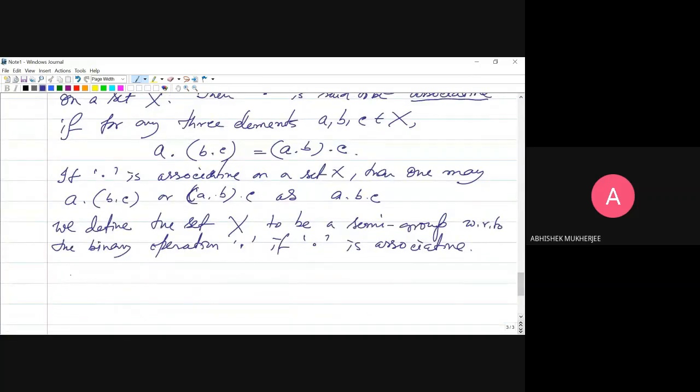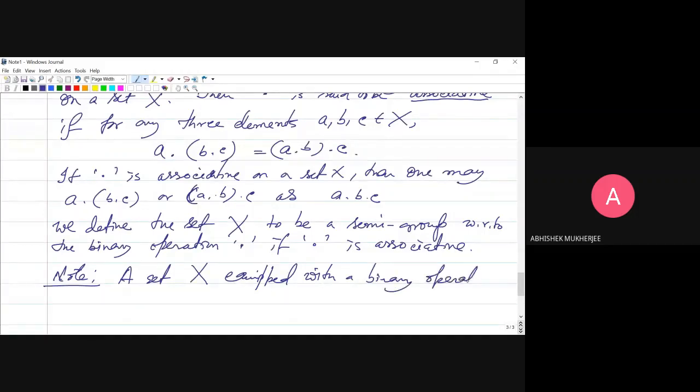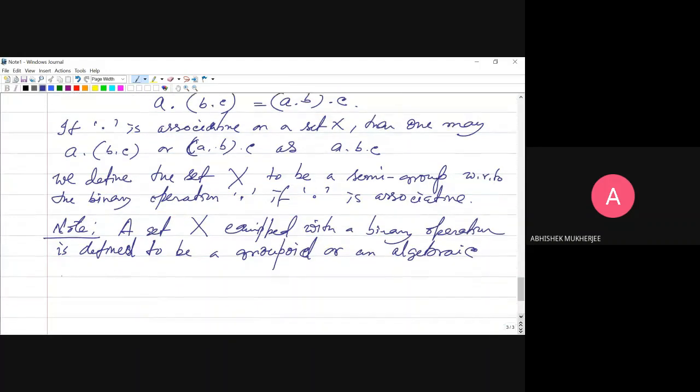Now I must put a note here that a set X equipped with a binary operation is defined to be a groupoid or an algebraic structure or an algebraic system.